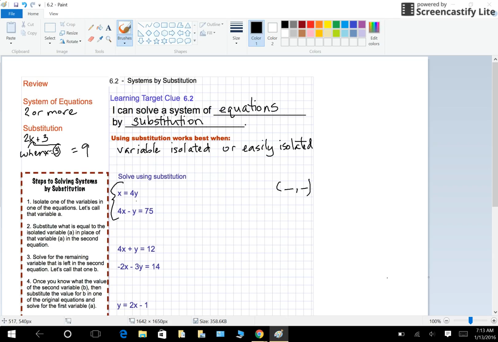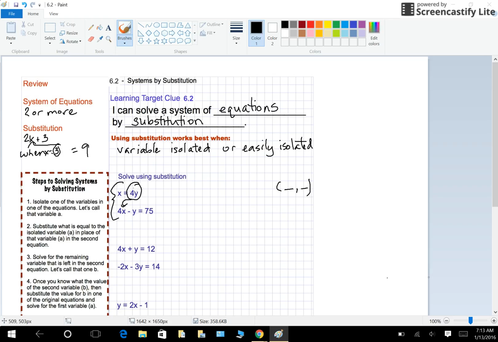So the way that we use substitution is we say, here I have x equals 4y. Well, there I have an isolated variable. So could I not say, if x equals 4y, then shouldn't that 4y be able to go in place of that x right there? Because really what we want to do is solve for one variable at a time.